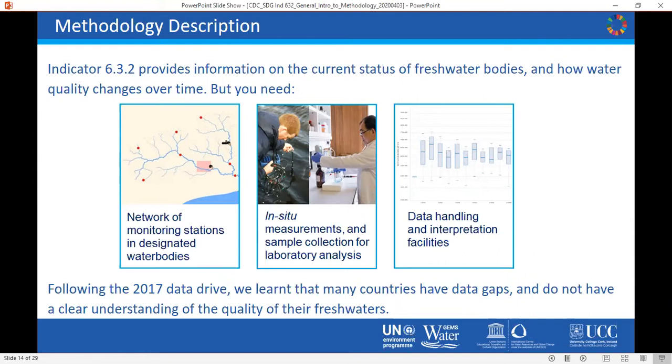So you need an analytical capacity. And you also need a data management capacity. And following the 2017 data drive, we learned that many countries struggle to achieve all three of these. And as a result, there are many data gaps, both spatially and temporally in many countries. And because of this, there is not a clear understanding of the quality of their fresh waters.